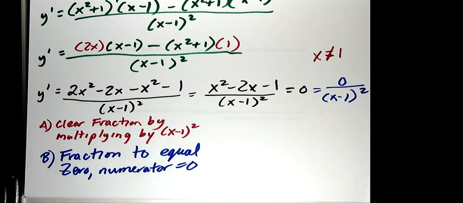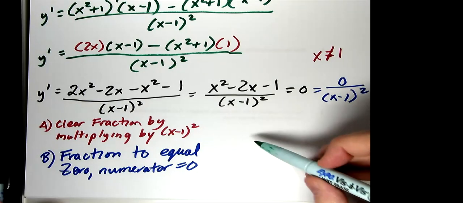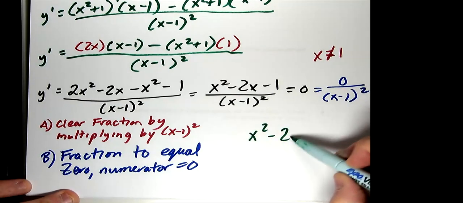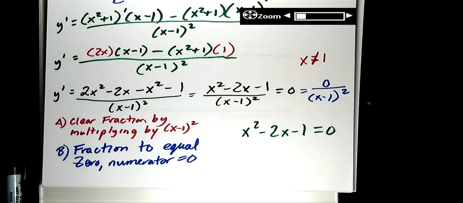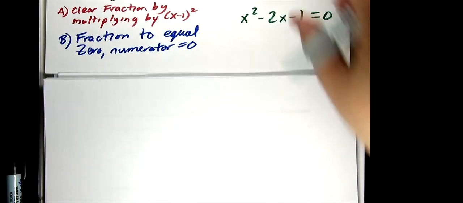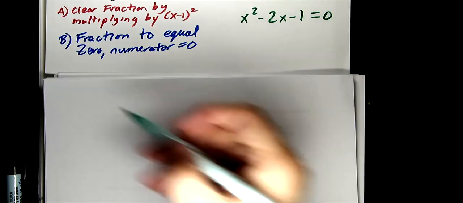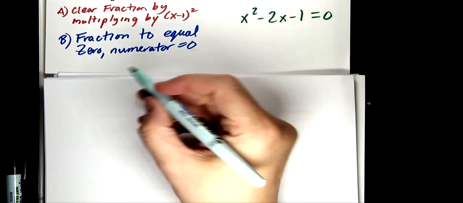In both formats, when you've multiplied through by it, you're going to get x squared minus 2x minus 1 equals 0. All right, we got a little bit more work to do. We don't have our values yet, so let's bring this down. We're trying to solve x squared minus 2x minus 1 equals 0.